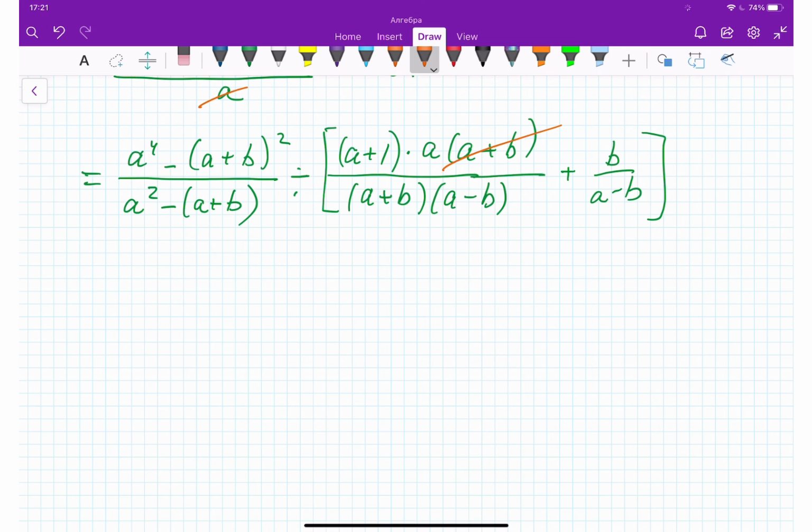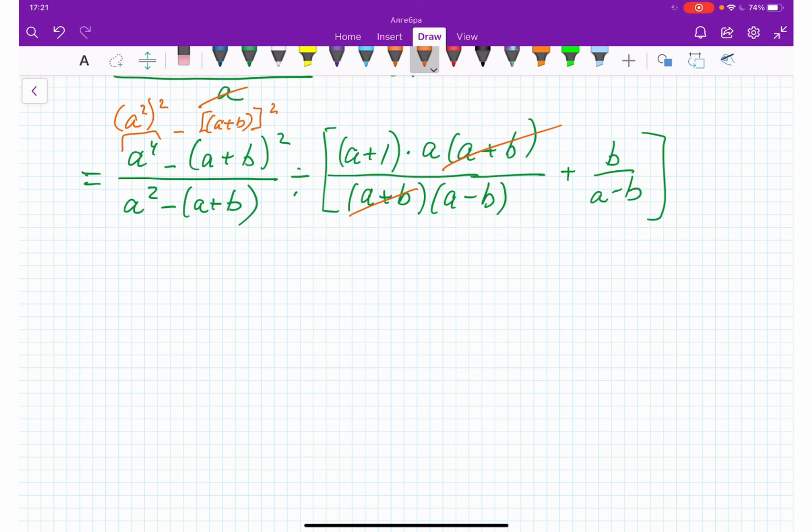A plus b will be gone with this a plus b. And what we have here, look, a to the power 4, I can write down a squared to the power 2 and minus a plus b squared, which is going to be a plus b to the power 2. See there? It's like a squared minus b squared.